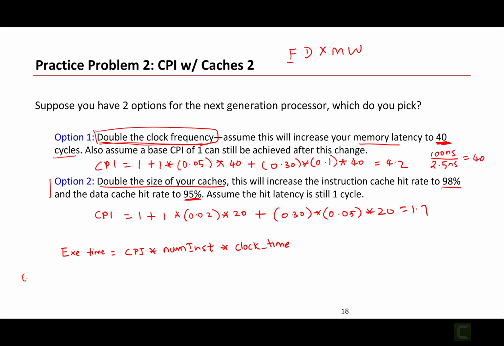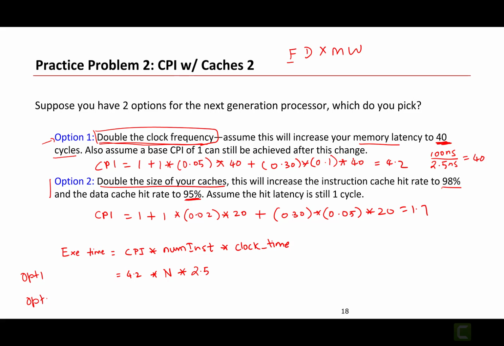Now let's see what that is for option 1. For option 1, the CPI is computed as 4.2. We don't really know the number of instructions because we don't have any program to reason about this, so I'm just going to assume it's n. And the clock time, like we said, has gone down for option 1 because the whole point of option 1 is to double the clock frequency of the processor. So it went down to 2.5 nanoseconds.